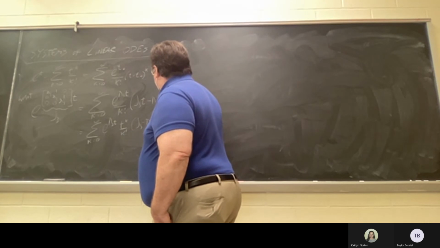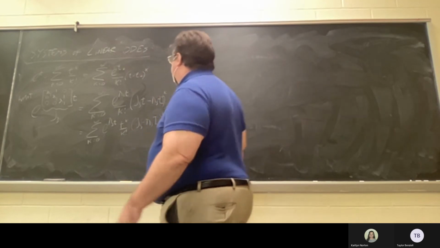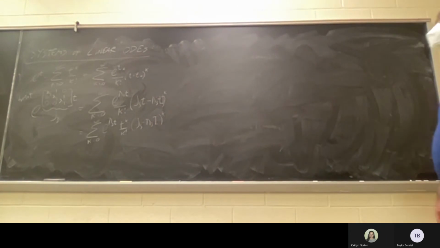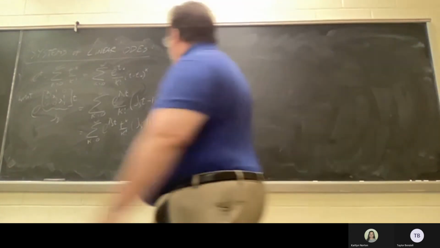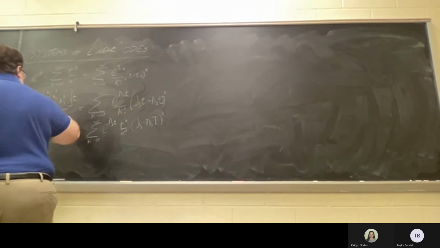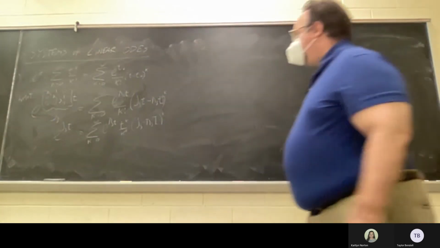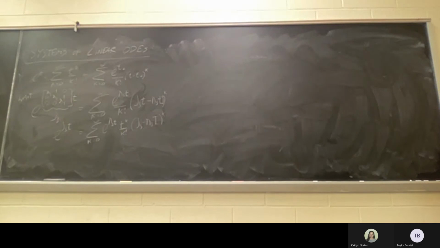I should have an identity here also. So this is how I can express this exponential, e to the J3t. All right, so are there any questions about where that came from before I actually try to figure it out?